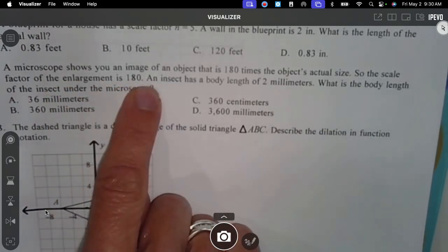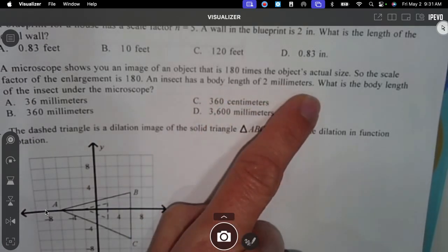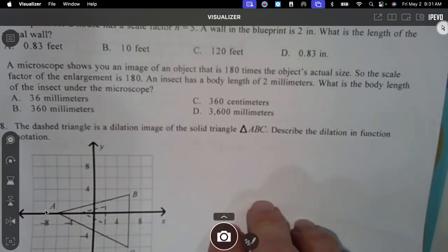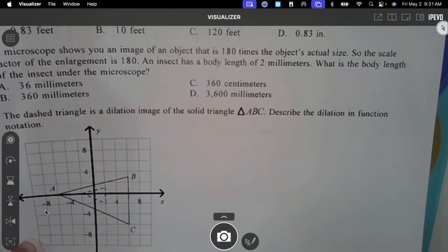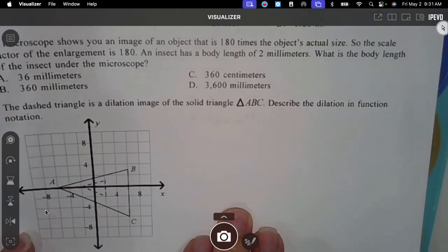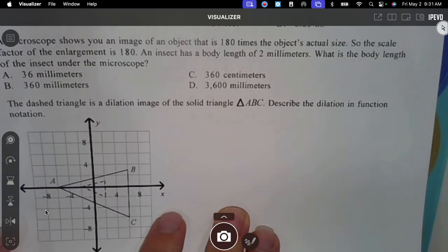Okay, so the scale factor of the enlargement is 180. The insect has a body length of 2 millimeters. What is the body length of the insect under the microscope? You do 180 times 2, which is 360. So 360 millimeters.